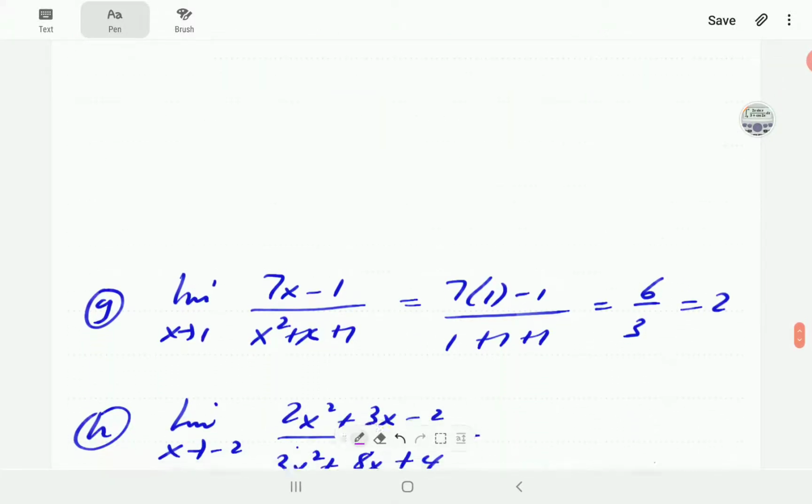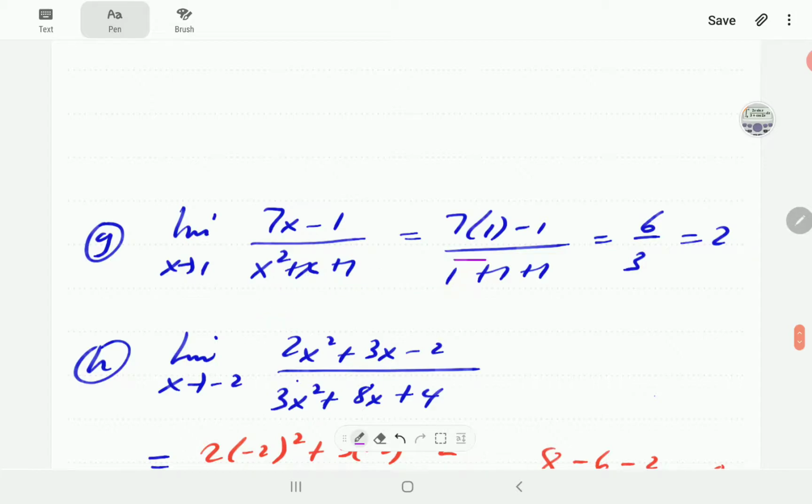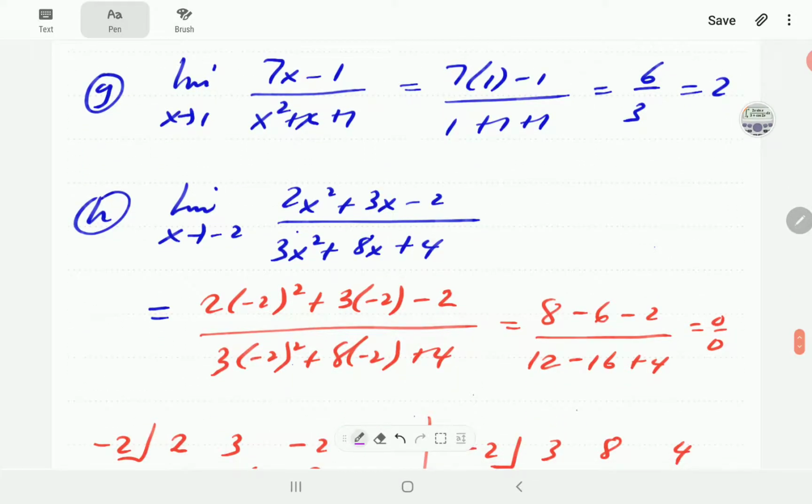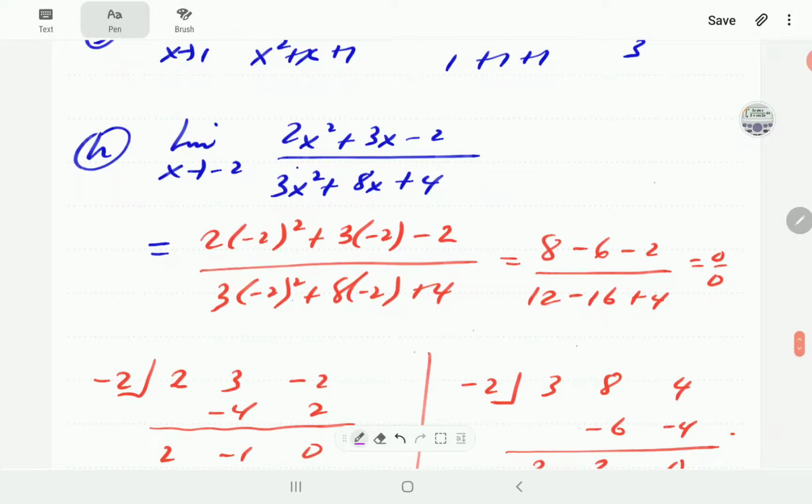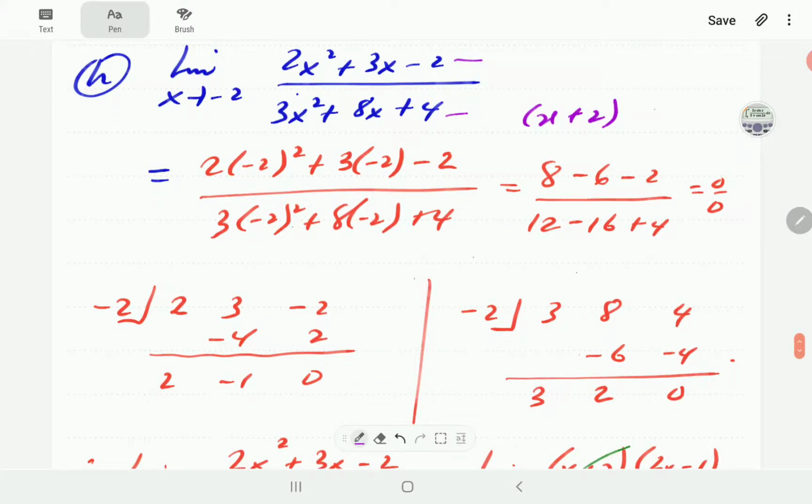For G, if we plug in x is 1, this just gives us 6/3, so the limit is 2, so that's case 1. For H, if we plug in -2, we get the indeterminate form 0/0. So that means there's a common factor of x plus 2 in both the numerator and denominator. So using synthetic division, we find the quotient for both of them.